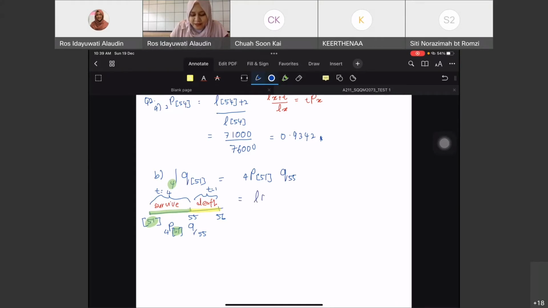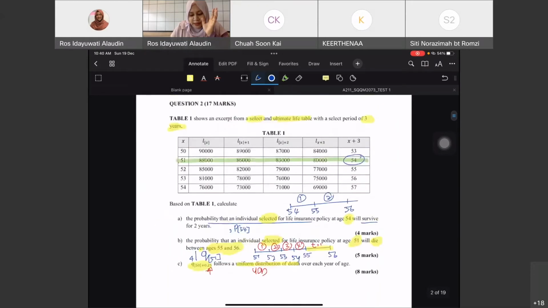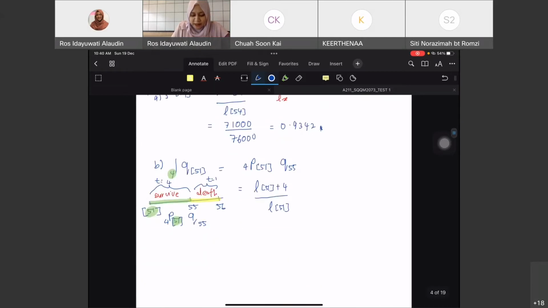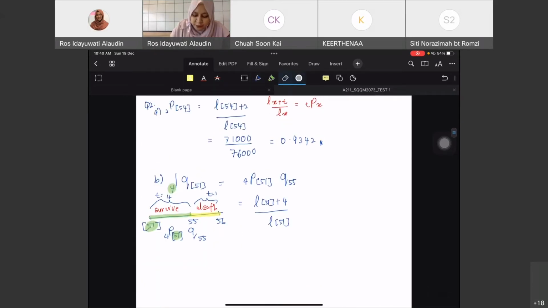So x is 51 plus t. Actually, 51 plus 4 is also in the ultimate life table already because it's starting from age 54. So 51 plus 4 is 55.